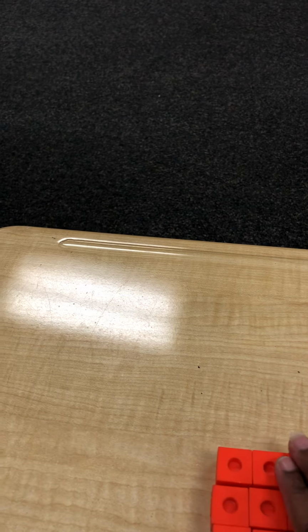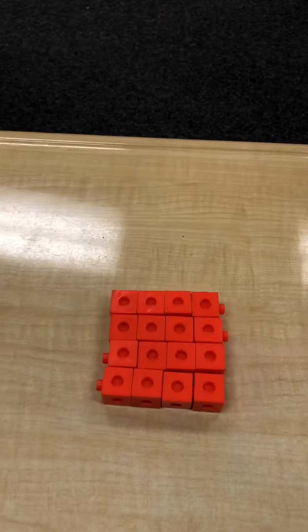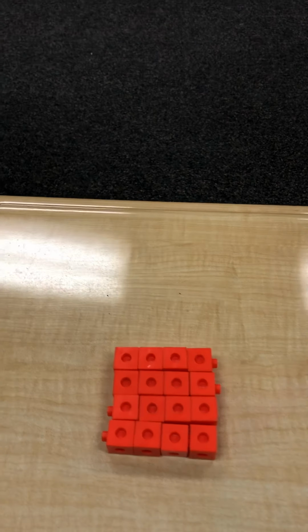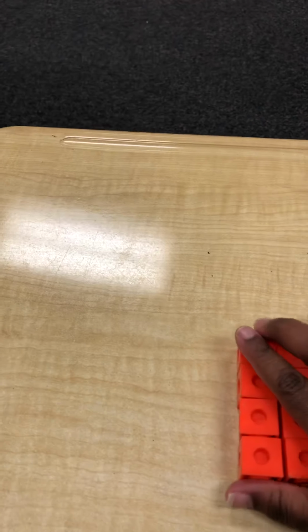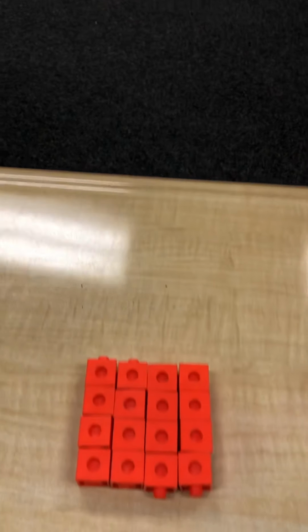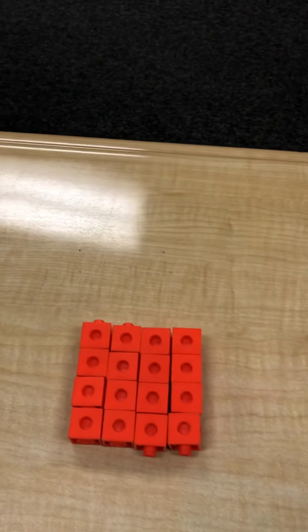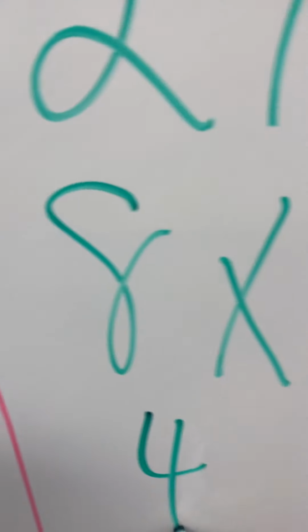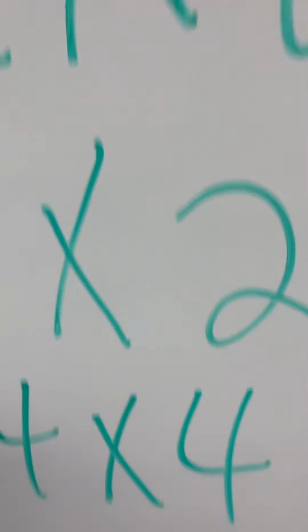If your dimensions are the same, such as a 4 by 4, a 2 by 2, a 3 by 3, and the list can go on and on. So I can also turn this around, and my dimensions are still going to be the same. I'm still going to have 4 rows and 4 columns. So I'm going to go here and I'm going to write 4 times 4.